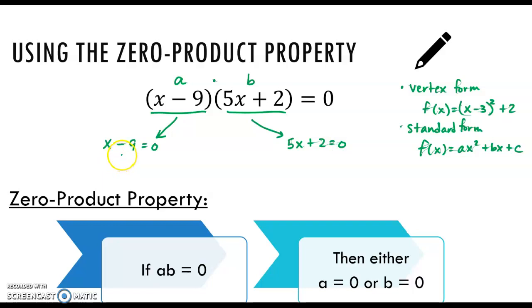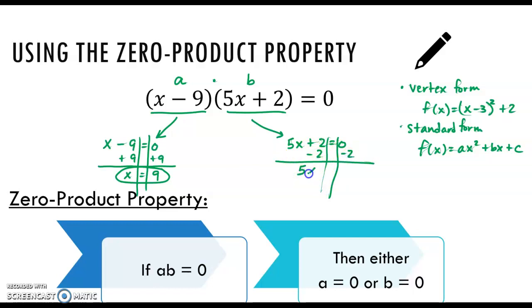So I solve that by adding 9 to both sides, just like I would for any other equation, if it helps you set up your railroad tracks. So x is equal to 9 is one solution to this equation. And here I have a two-step equation, so I'd start by subtracting the 2. So 5x equals negative 2, and then divide by 5.